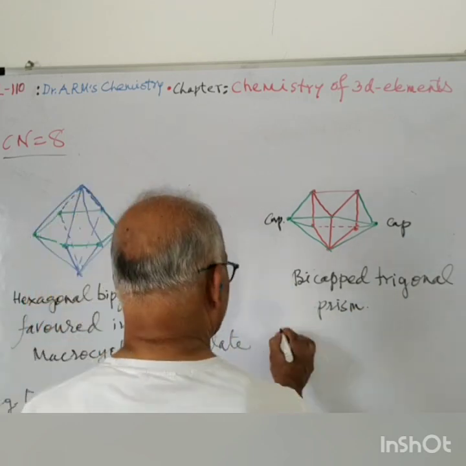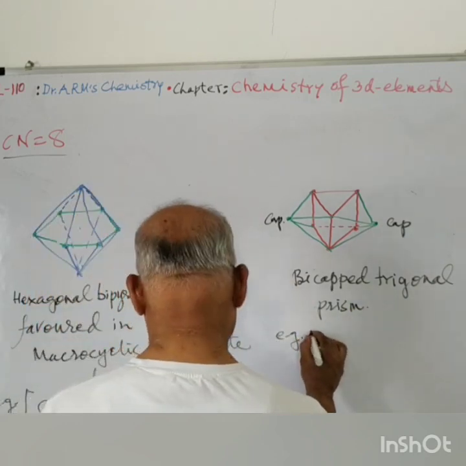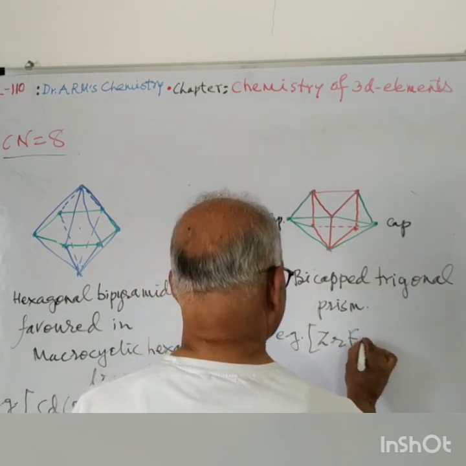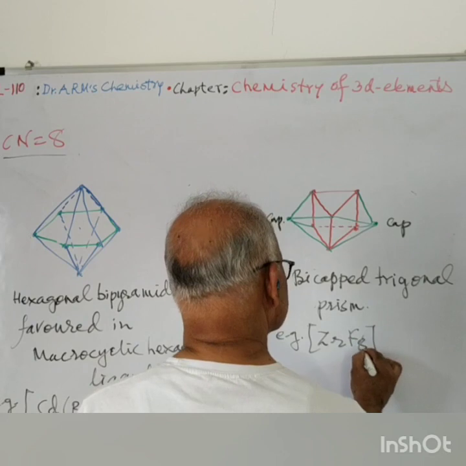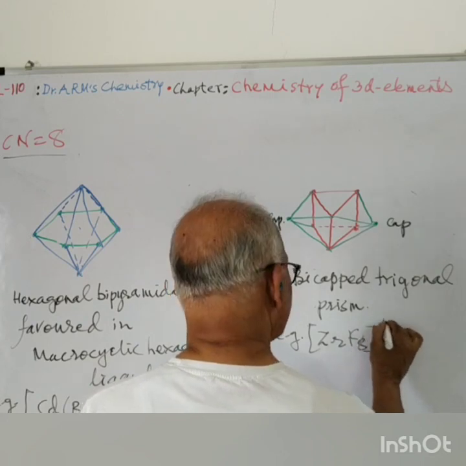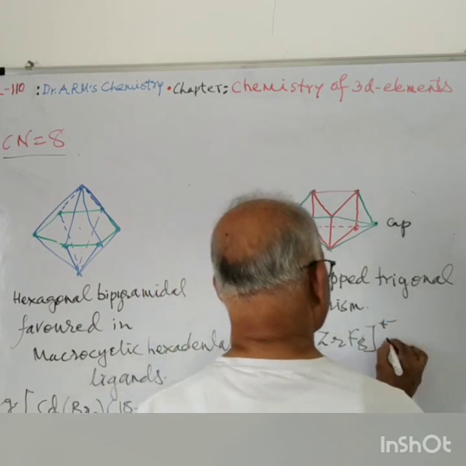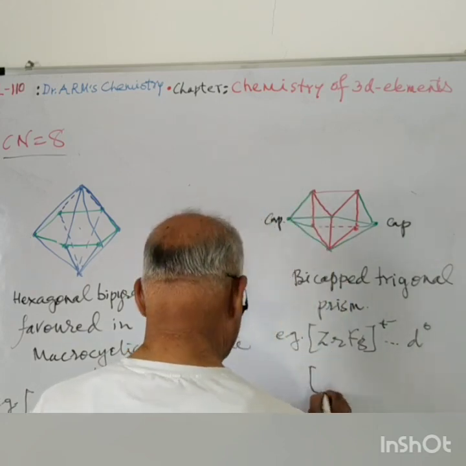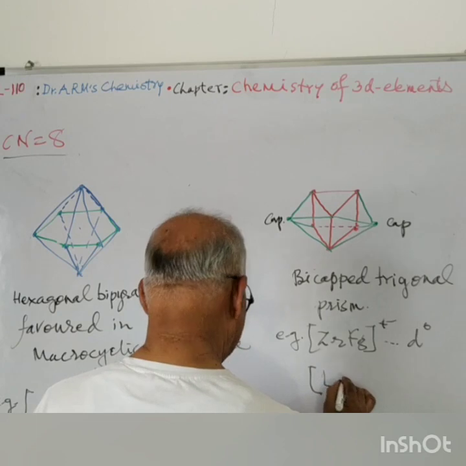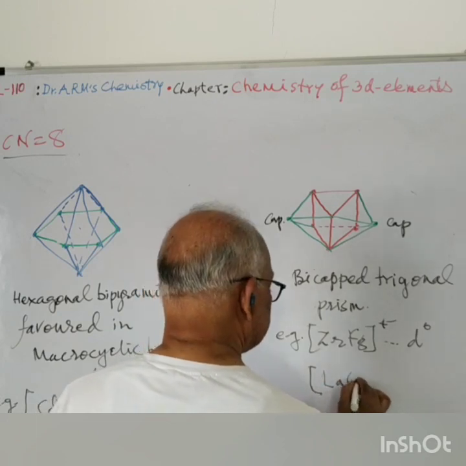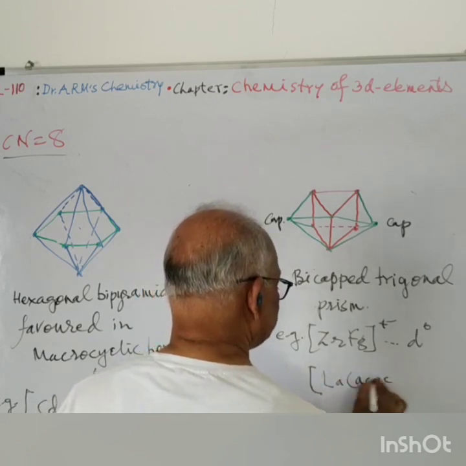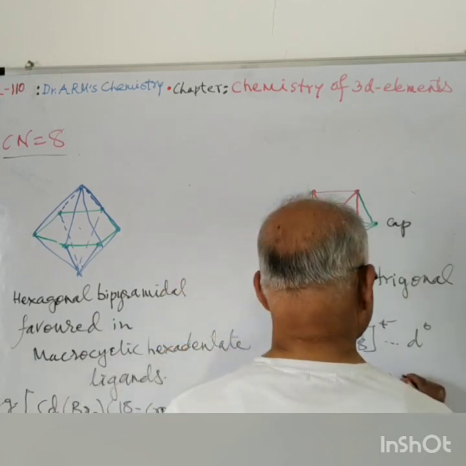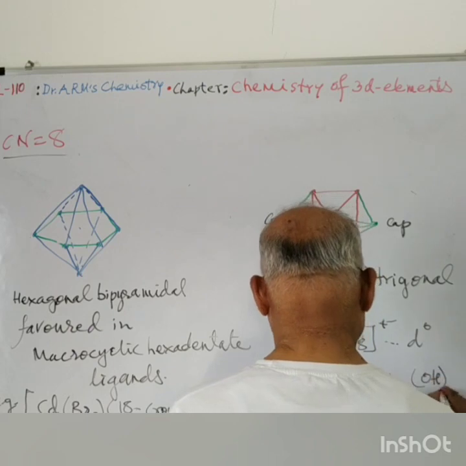And the example is ZrF8 4-. So this is d0 configuration. Another example is lanthanum La(acac)3(OH2).